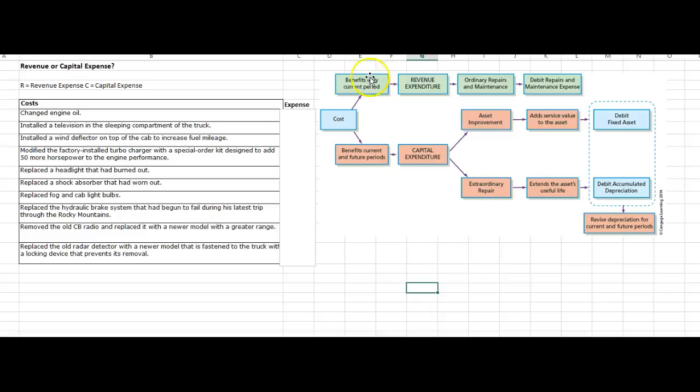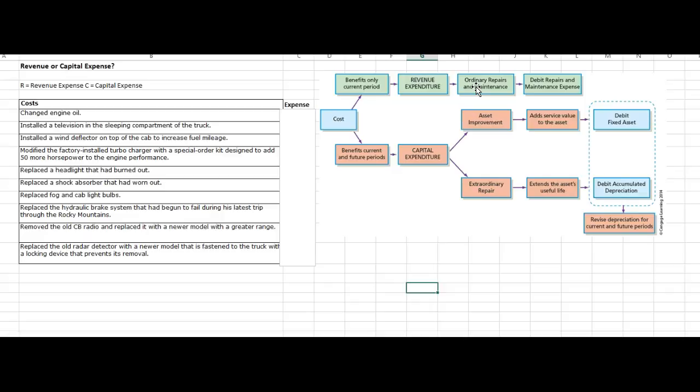So, if the cost only benefits the current period, it's a revenue expenditure. If it's like an ordinary repair or maintenance, like changing your oil, maybe filling up the antifreeze, things of that nature, that's a repair. So that's what we call an expense, and you expense it out.